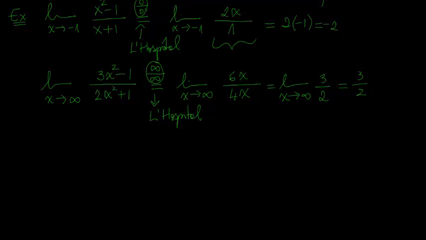So unlike our previous techniques, when we were not using L'Hopital, in both of these cases we were able to understand why the answer turned out to be what it did, namely -2.